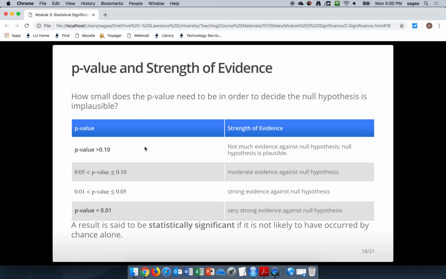A p-value between 0.05 and 0.1 provides moderate evidence against the null hypothesis. A p-value between 0.01 and 0.05 provides strong evidence against the null hypothesis. And a p-value less than 0.01, as we saw here, provides very strong evidence against the null hypothesis. We call a result statistically significant if it is not likely to have occurred by chance alone.